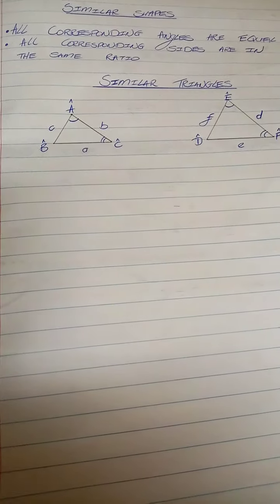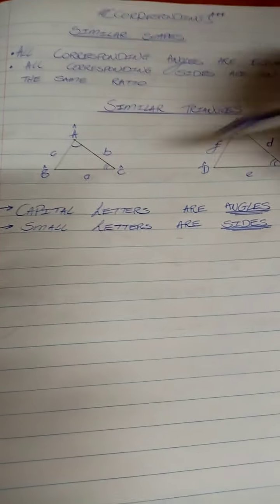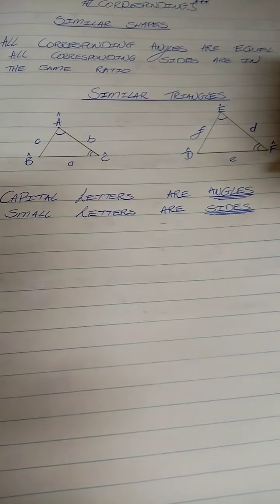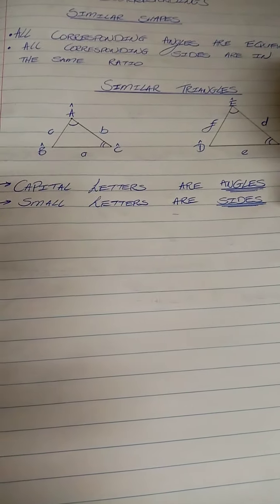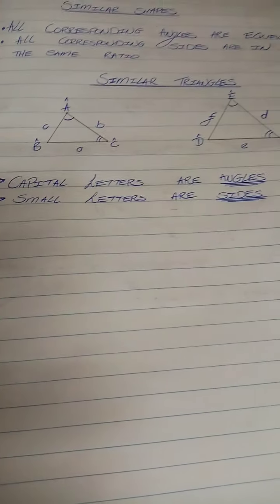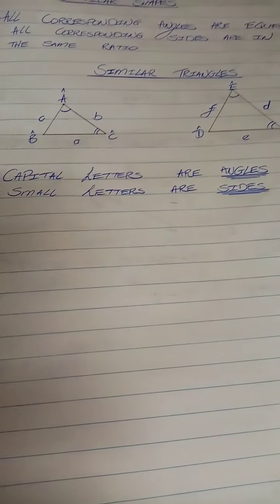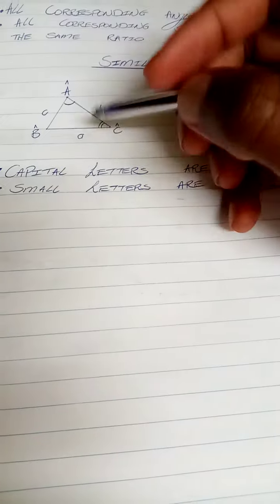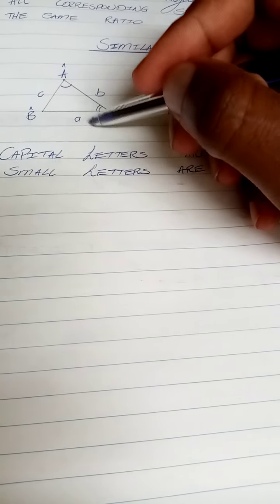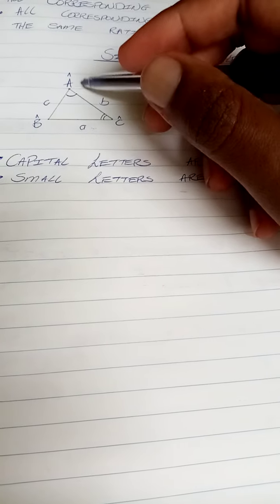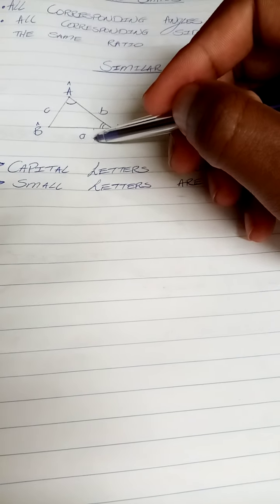Let us do this. Capital letters are the angles and small letters are the sides. So capital letters A, B, C represent the angles and small letters represent the sides. The small letter a, opposite to the angle A, represents the side a.